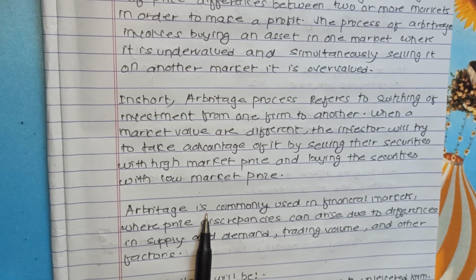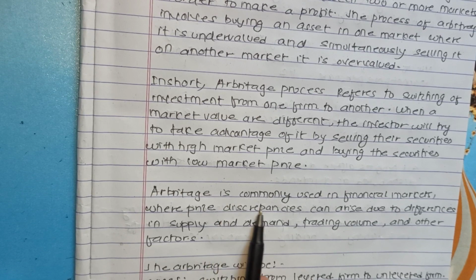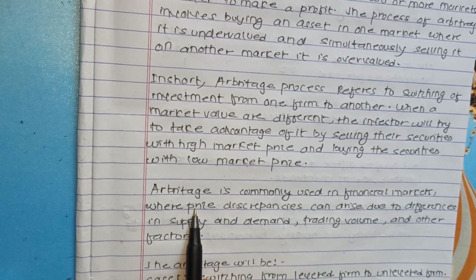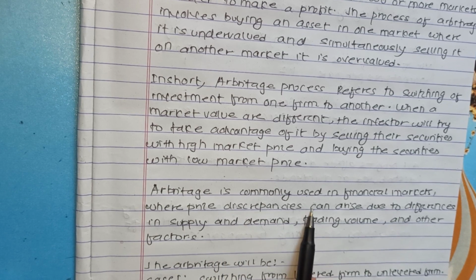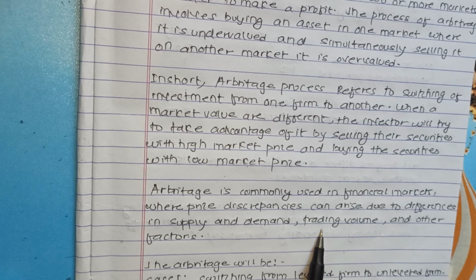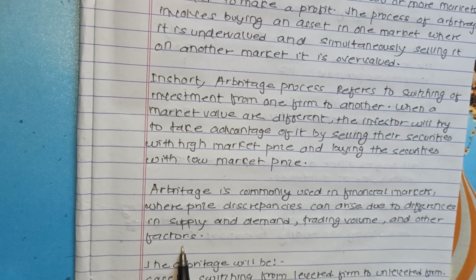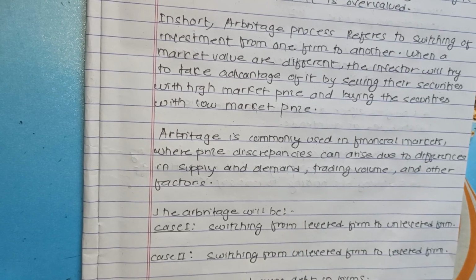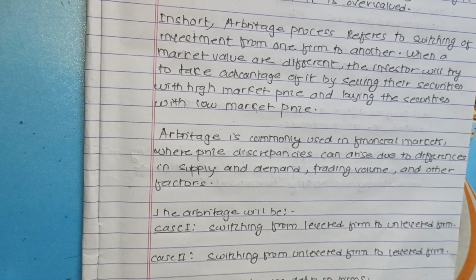Arbitrage is commonly used in financial markets, where price discrepancies can arise due to differences in supply and demand, trading volume and other factors. While we are discussing arbitrage, there are mainly two cases in the question.